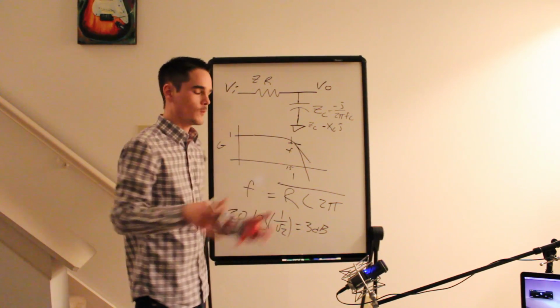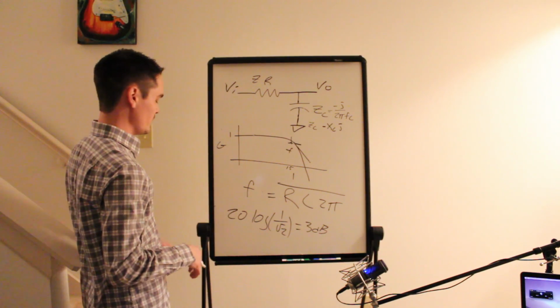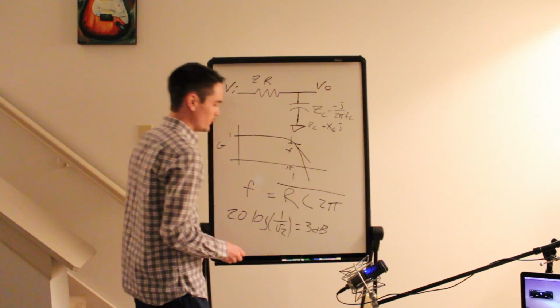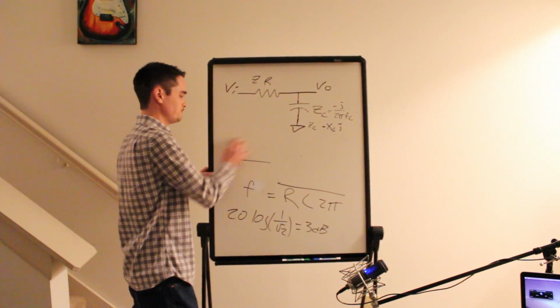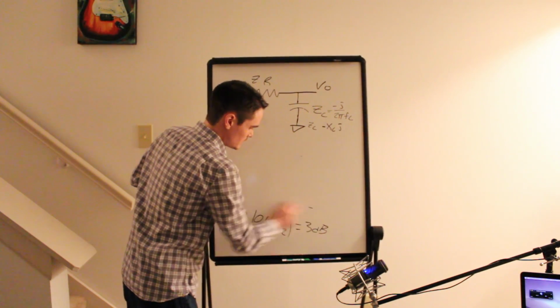I don't work with Bode plots a lot. In fact, I hardly ever work in the dB or in the logarithmic scale. So I'm definitely not an expert there, but I calculate the cutoff frequency all the time. Okay, so basically that's it.